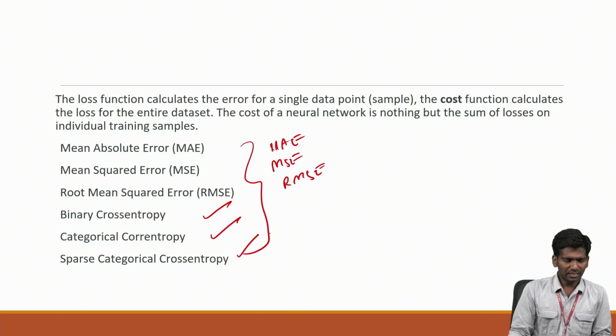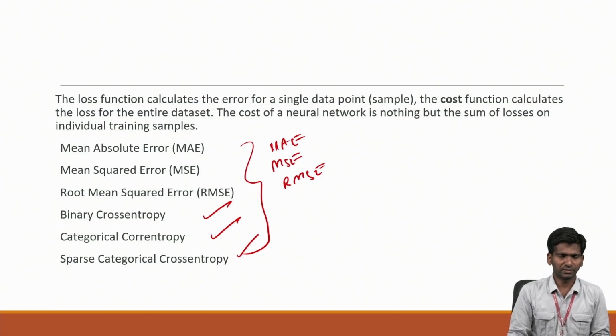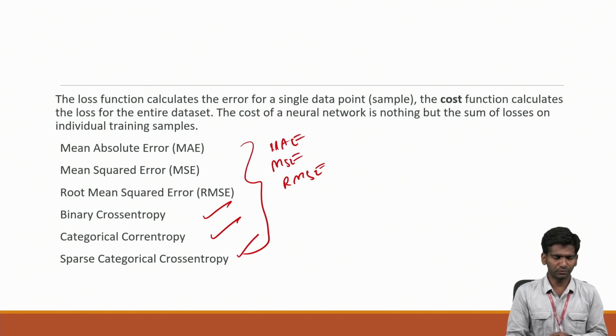So nearly six loss functions. There are many more evolving day by day. As of now we are going to see these loss functions and some information related to them.